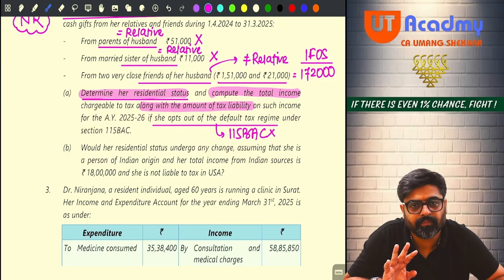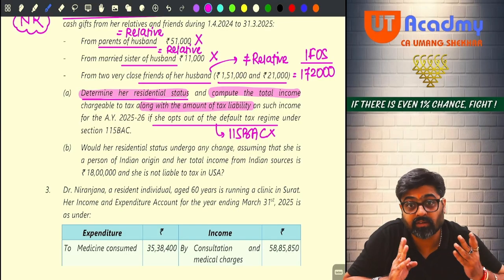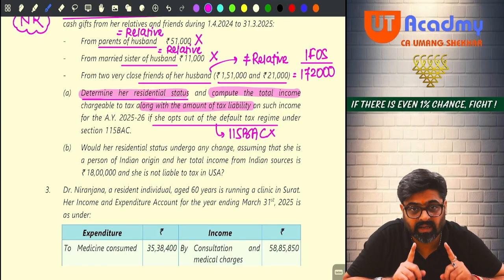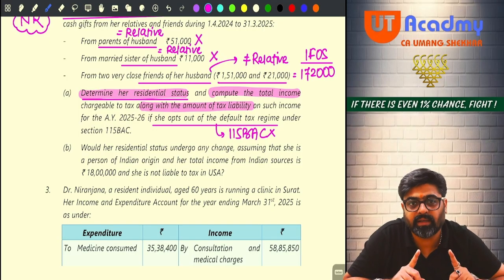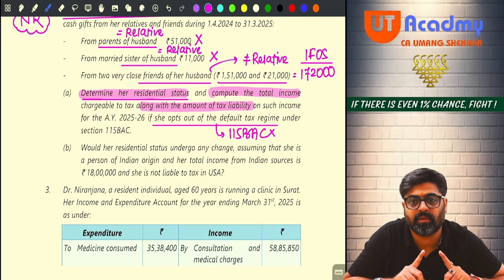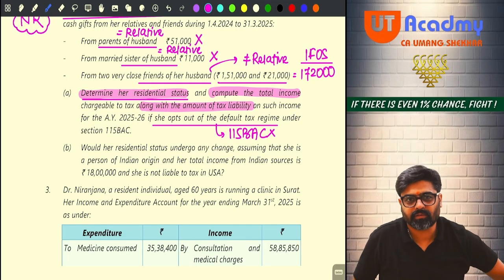Wait. The entire chapter of residential status they have tested. And believe me, in the examination there will be one question confirmed from residential status chapter. If you take that chapter lightly, you are gone. See, we have done it so many days ago, so it is very difficult for us to recollect the things.